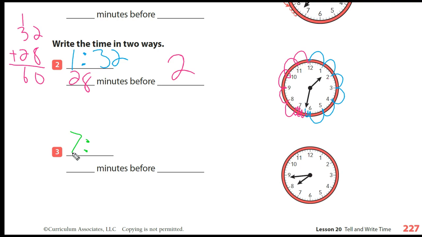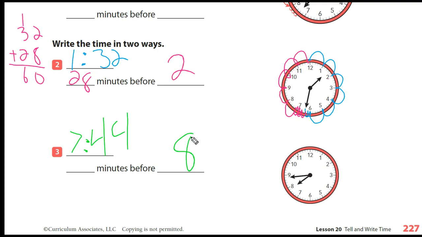How much would that be then? 44, because if it's pointing directly at 9, I know that's 45, but it's 1 mark less. 44. Okay. And it's how many minutes before the next hour after 7? 8. So I need to find out how many minutes before 8 o'clock.